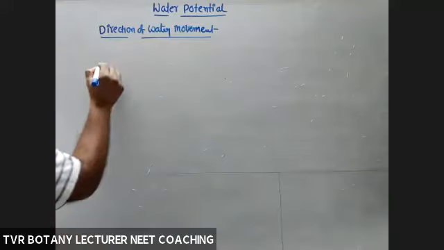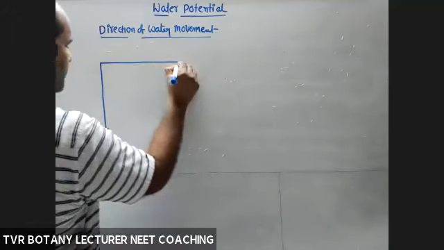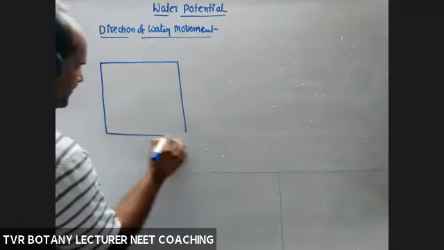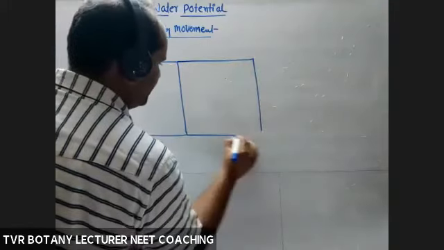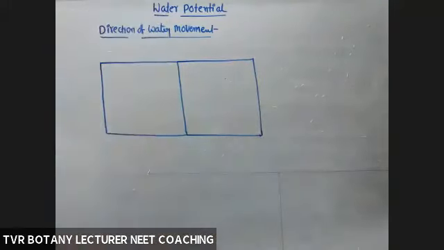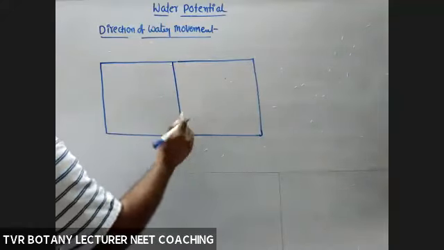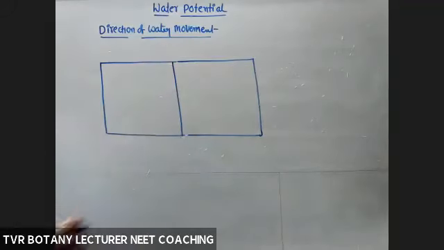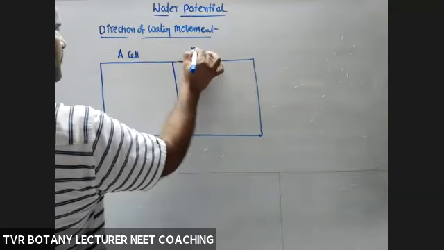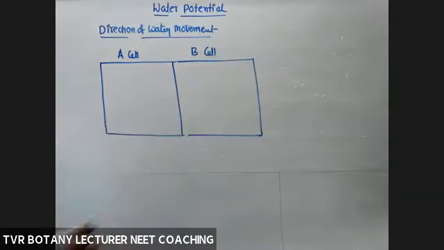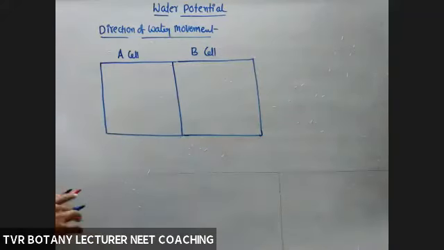This is plant cell A, and this one is plant cell B, side by side, juxtaposed, in contact with each other. All other structures are present. Both are in living condition. You may take parenchyma cells.